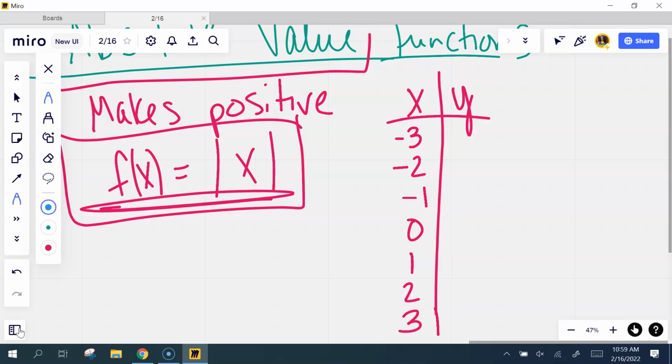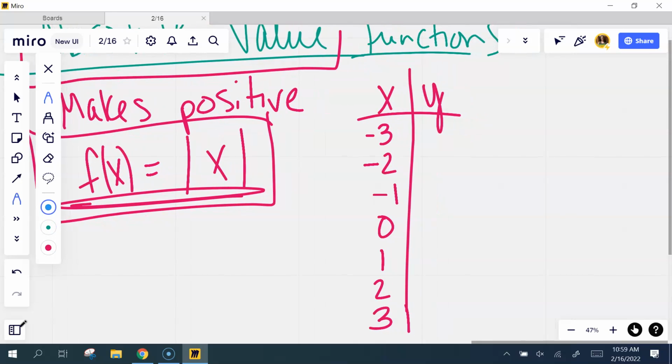So what's my y value going to be if x is -3? What forces it to be positive? That's not hard, right?